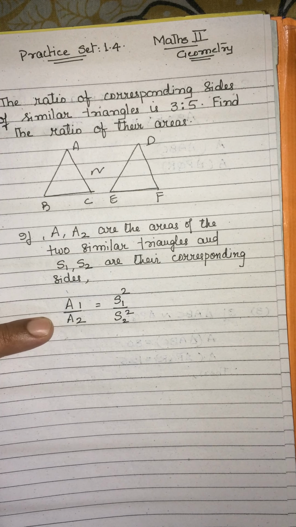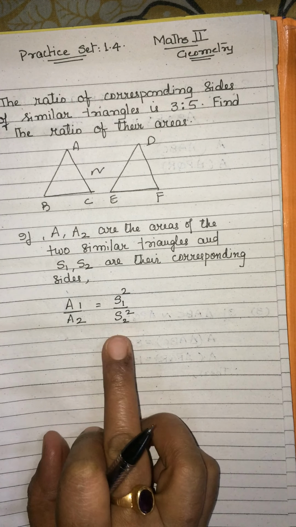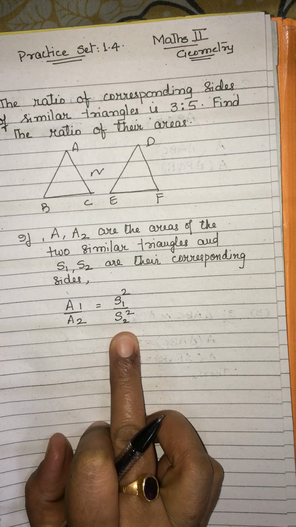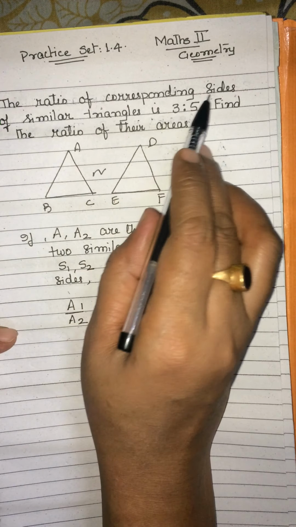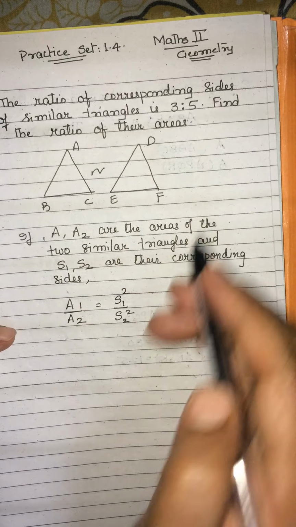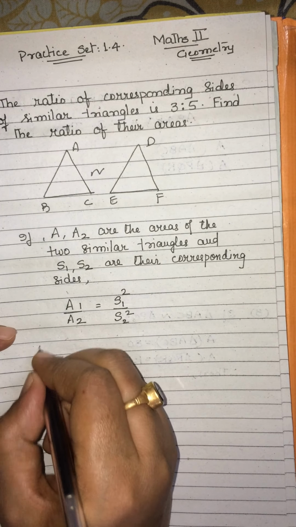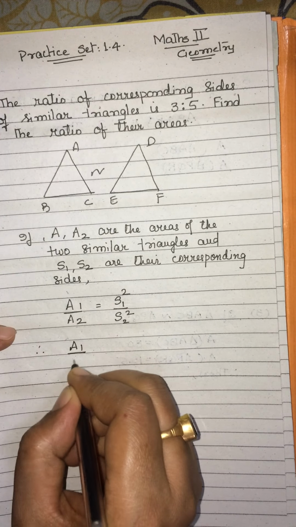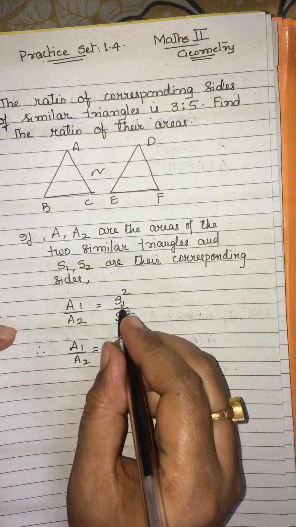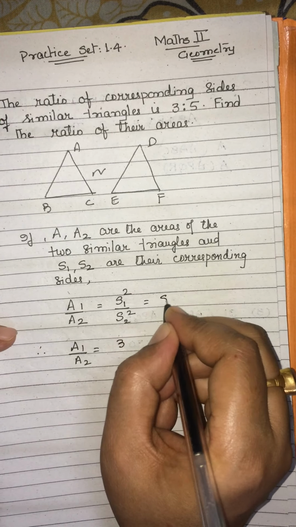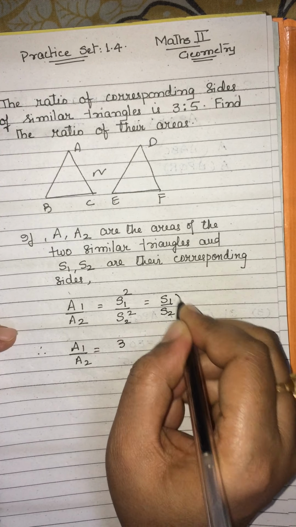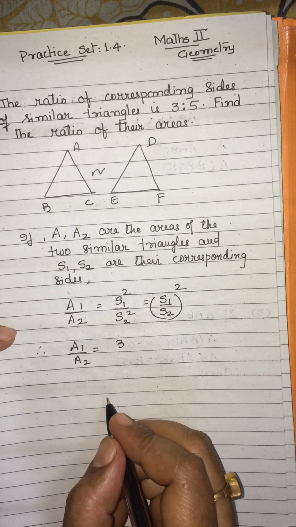The ratio of the areas will be equal to the ratio of the squares of the sides. Already it is given that the ratio of corresponding sides of similar triangles is 3:5. Therefore A1 upon A2, the ratio of the areas, will be equal to S1 upon S2 the whole square.